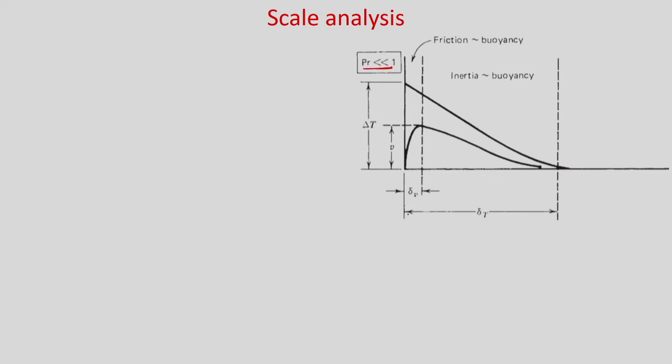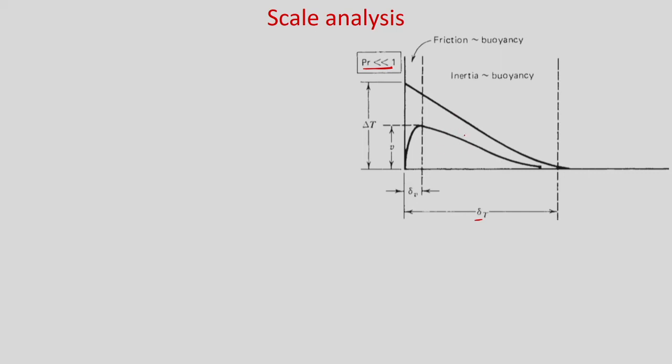So, now in this case, for low Prandtl number fluids, obviously this is your thermal boundary layer thickness delta T. So, at the wall you will have a high temperature difference, and at the edge of the boundary layer obviously delta T will tend to 0. So, this is the delta T variation and the velocity. As buoyancy effect is there inside the thermal boundary layer, there will be fluid motion.